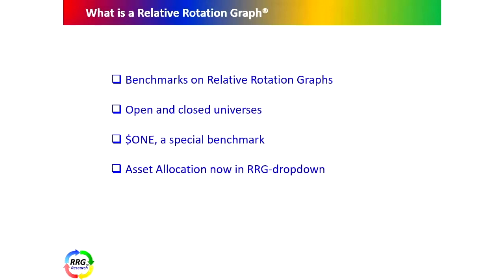And I want to talk a little bit about using RRGs for asset allocation. I write about it on a regular basis. I've just written about it for the Chart Watchers newsletter. And we're going to show you that we now have a pre-populated group in the drop-down of the RRG chart on the site, so you don't have to do it yourselves.